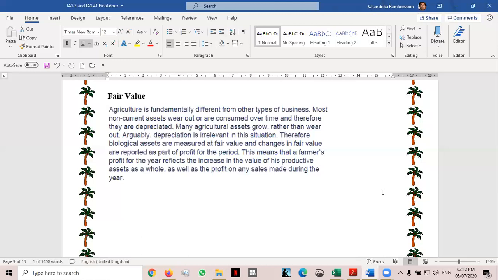Now, if you imagine this for a minute, you've got, let's say, a crop of corn, which will be classified under IAS 41. Just using an example, I'm not an expert as to how long corn actually takes to be harvested, but let's just say you've planted the crop of corn today, and after a month, you realize that they've sprouted up a bit.